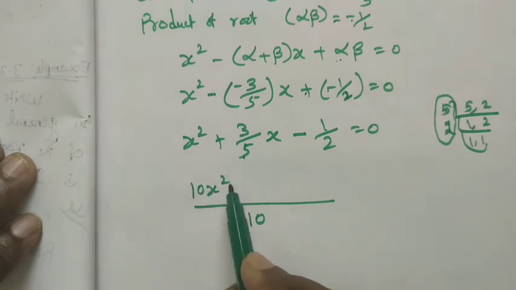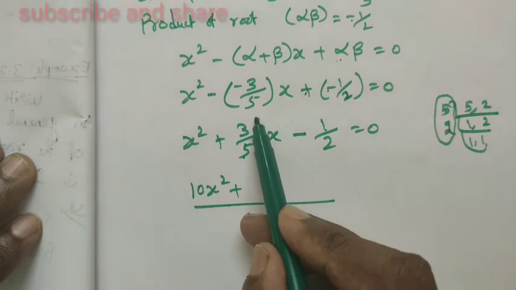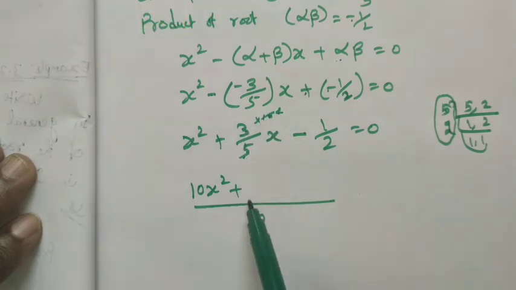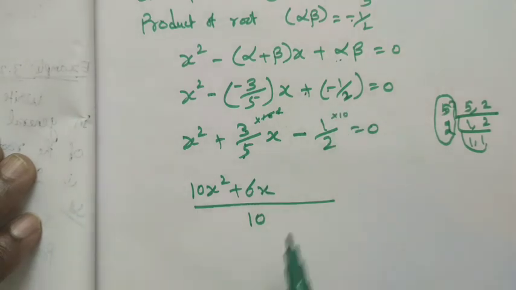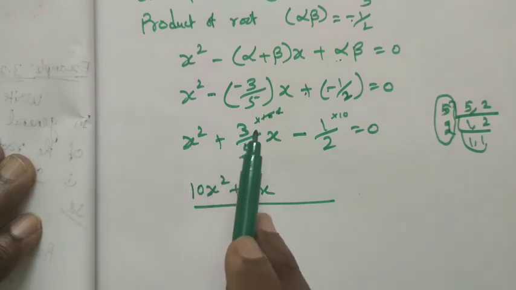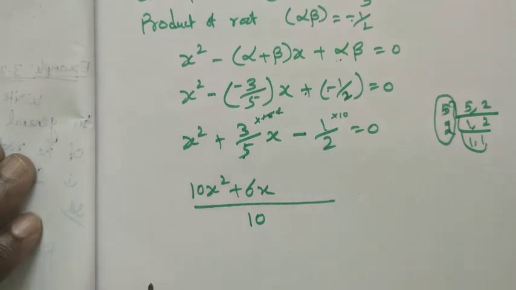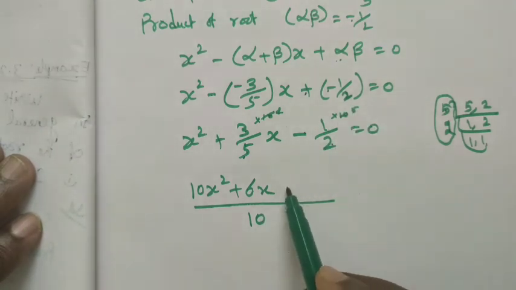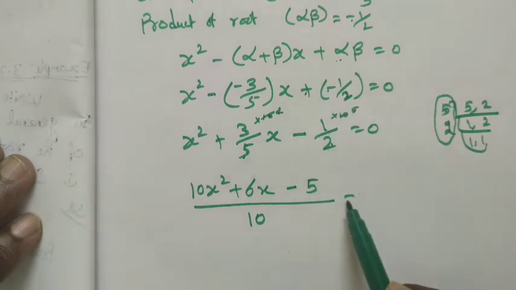So 10x square plus, if I multiply 10 here, 5 2s are 10, so 2 3s are 6x. Here also I am going to multiply by 10. The LCM should be multiplied with each and every term of the expression. So 2 1s are 2, 5s are, right? So minus 1 5s are 5 equal to 0.